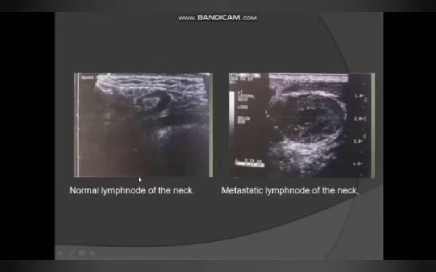A healthy lymph node can be seen by a hypoechoic part from the center to a hyperechoic area, while this shows a metastatic lymph node of the neck. You can see the large size, round shape, and necrotic area, which shows a hypoechoic cyst-like appearance.